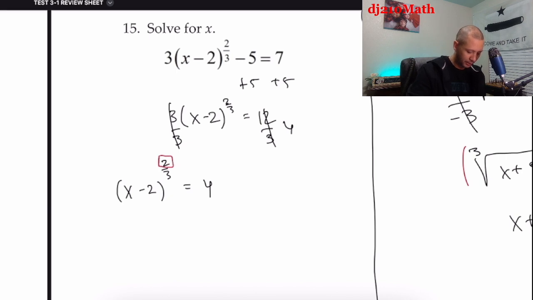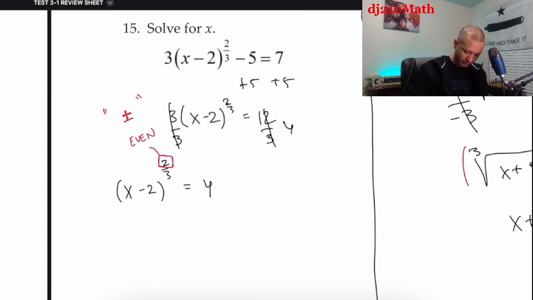This top number, the numerator in the exponent, is even. When it's even, this is basically like taking the square root of both sides. That's the only way to undo it. So anytime you introduce the square root, you have to put a plus or minus. So a plus or minus must show up.